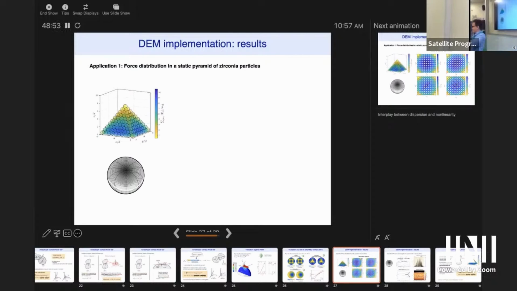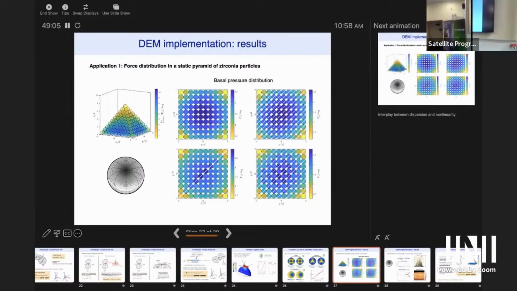So I'm going to stack a bunch of zirconia particles and use my contact method. And you can see how the forces distribute depending on just the orientation of the particles. All of the same particles, they just rotate some of them. So it's pretty weird. Now this one you don't see the white band because you're looking down. Basically, all of them are just oriented north pole. Here, you orient them all this way.